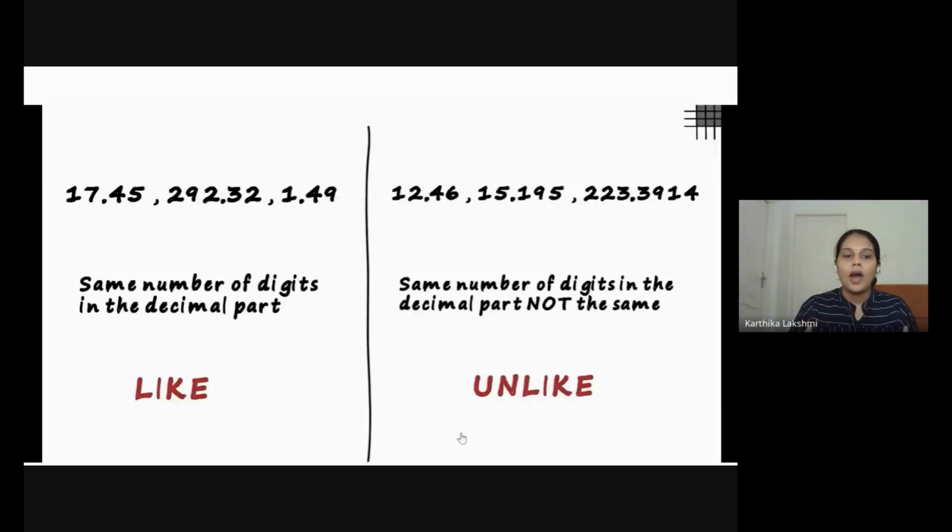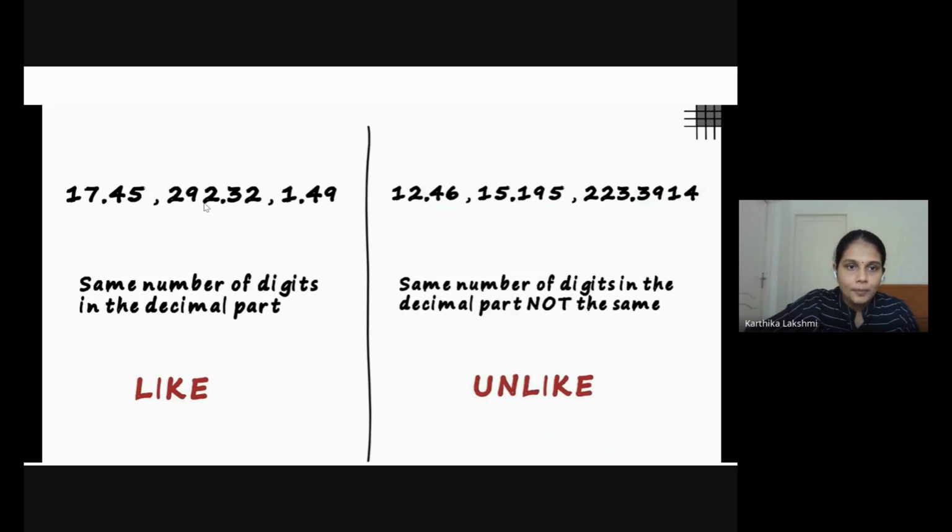So we are going to talk about like decimal fractions and unlike decimal fractions. I'm going to tell you that in a decimal there are two parts, an integral part and a decimal part.